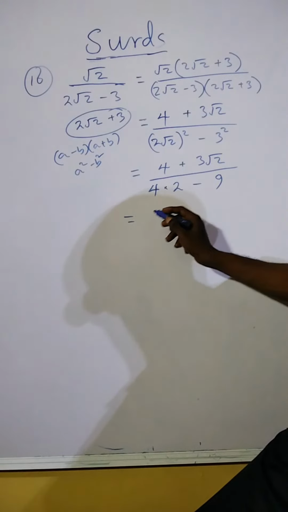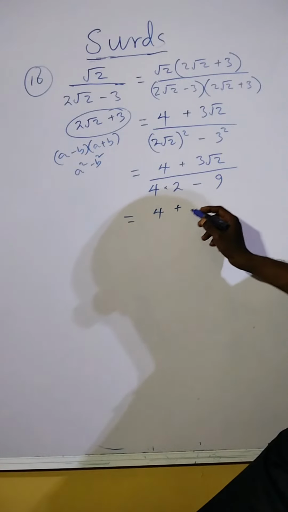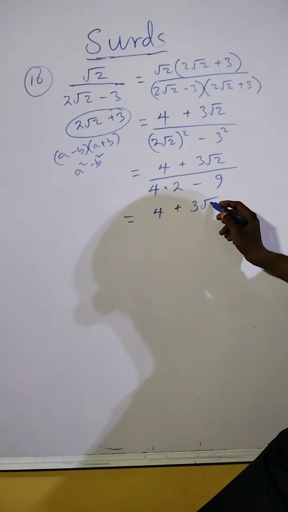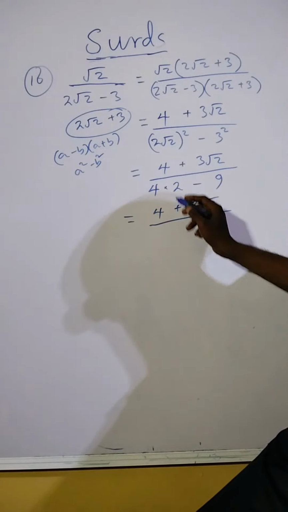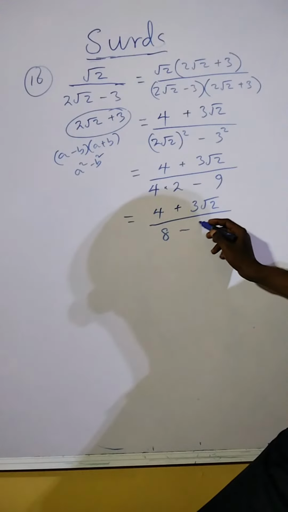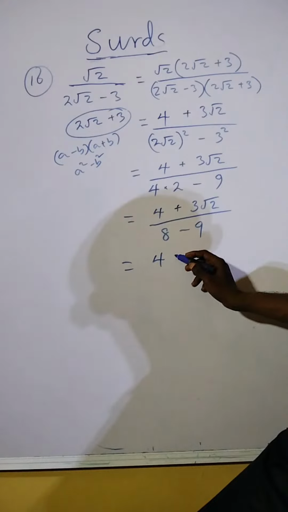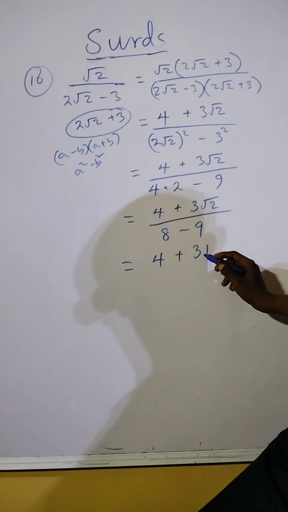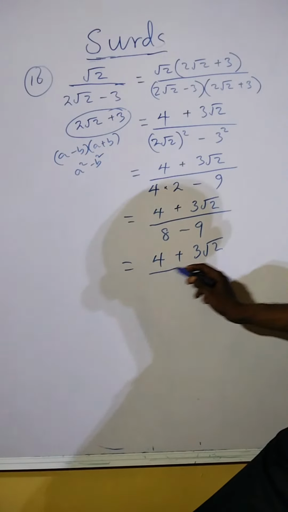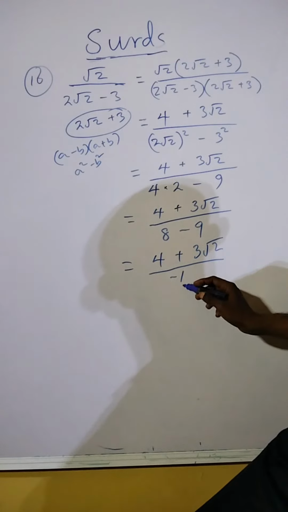So here we have 4 plus 3 root 2 over 4 times 2, 8, minus 9. Here, this becomes 4 plus 3 root 2 over 8 minus 9, which is minus 1.